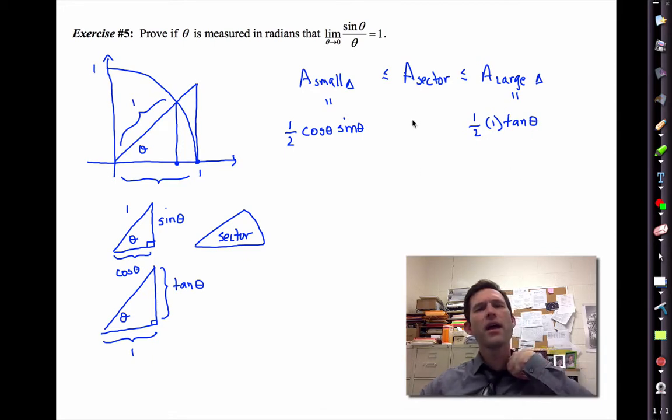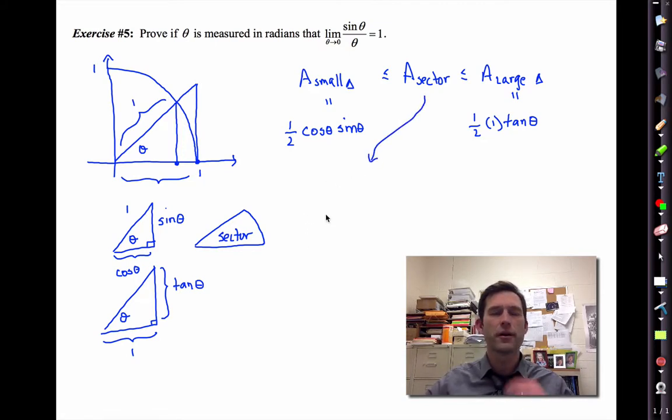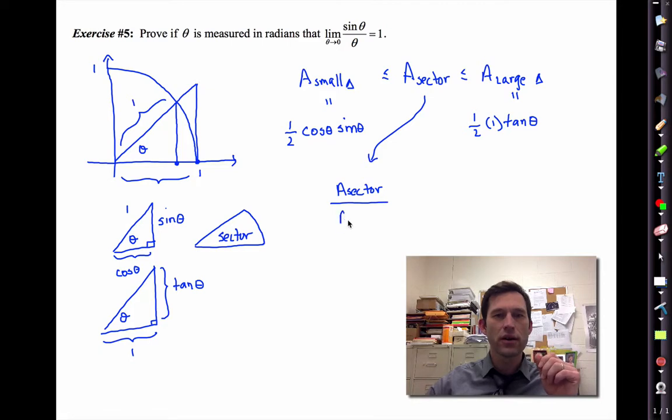All right, and the area of the sector, I'm now going to take this down here. Let's play around with this down here. Now, I think I can solve for the area of the sector as a function of theta by setting up a proportion. I might say that the area of the sector is to the area of the whole circle as theta is to 2 pi.